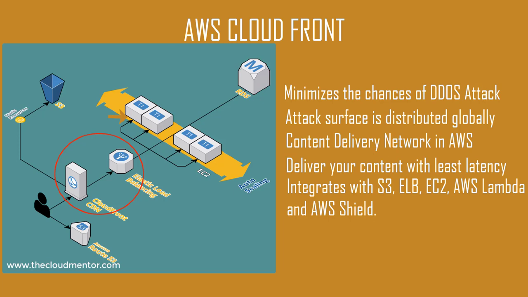Because the developers are working on the code, the developers are updating the website, and that updated code is going to your EC2 instance or your S3 bucket. And what's going to happen if the content is sitting there on your edge location for a long time? The users will not be getting the updated content. And that's why there must be a time to live, a TTL, an expiration date for that cached content on that edge location.